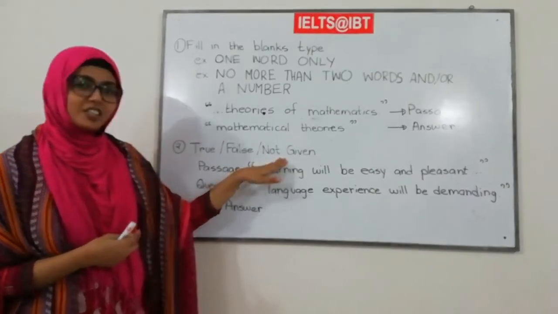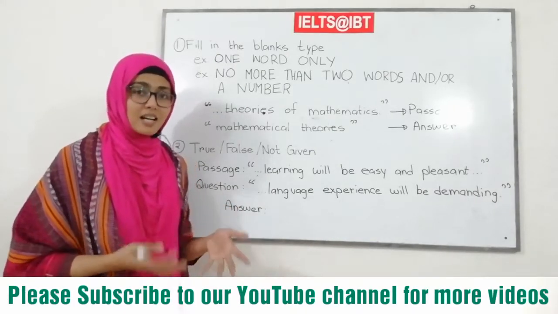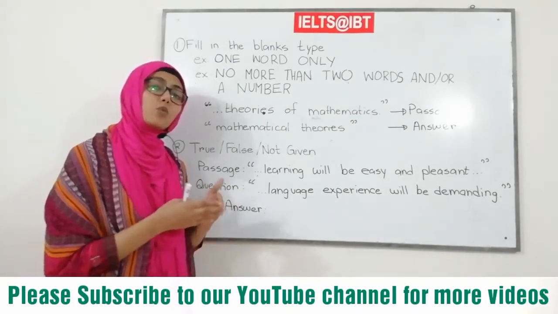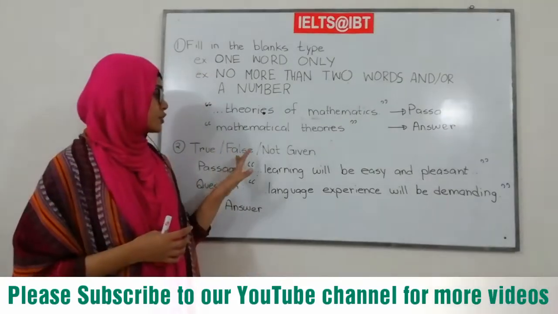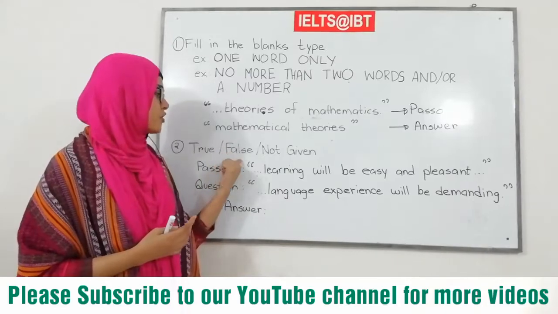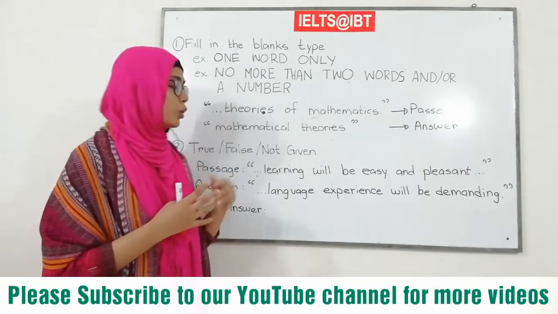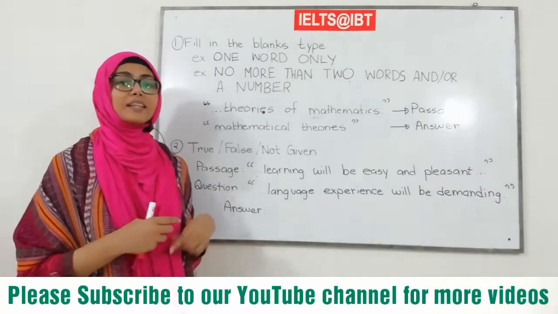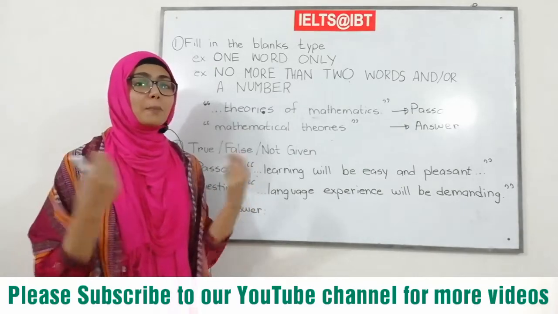You're going to choose not given when there's nothing in the passage being discussed that is mentioned in the question. Most people are confused. They don't know which to choose, false or not given. Let me say that again. We only choose false when the statement in the question and the statement in the passage are direct opposite and clash.